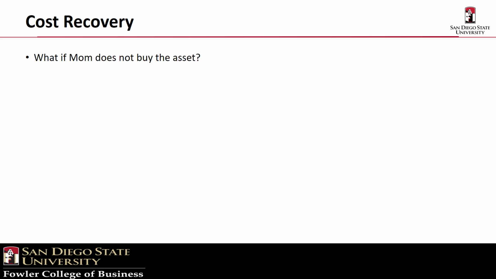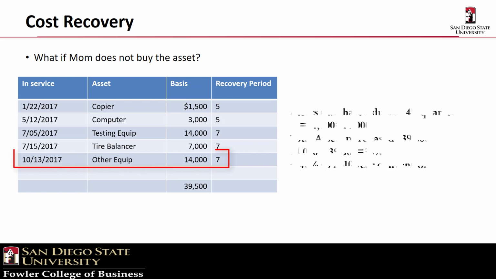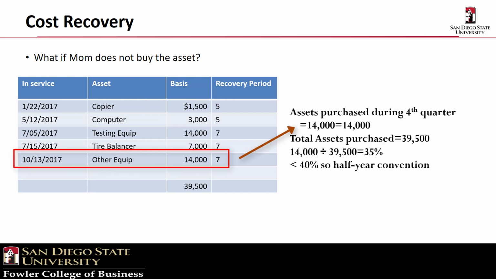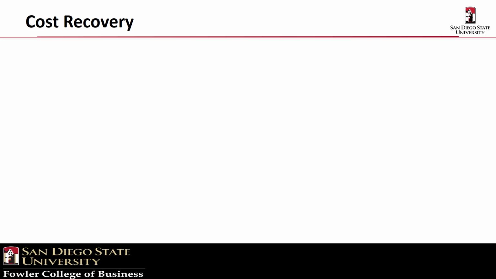Okay, practice makes perfect, so let's presume that the new equipment is not purchased during 2017. If we rerun the convention test, we're going to see that less than 40% of the personal property was placed in service in the fourth quarter, and so the half-year convention will apply.